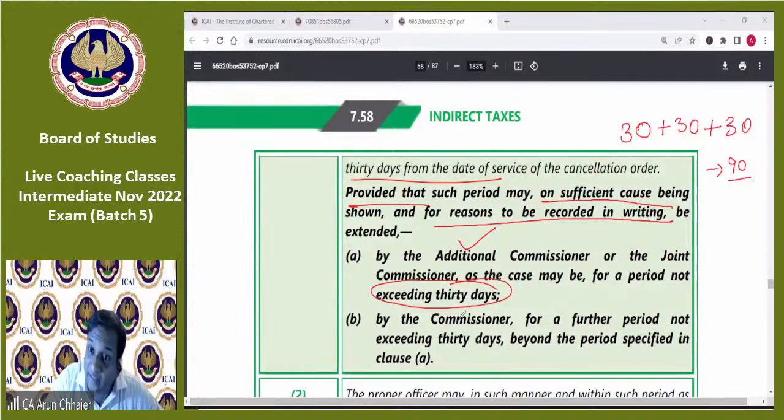Again, this can be further extended by 30 more days by the commissioner.